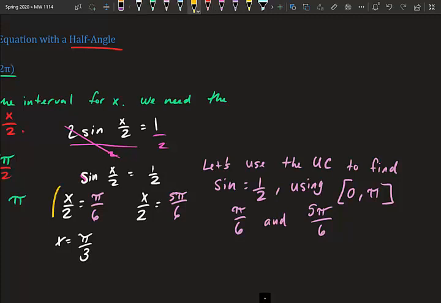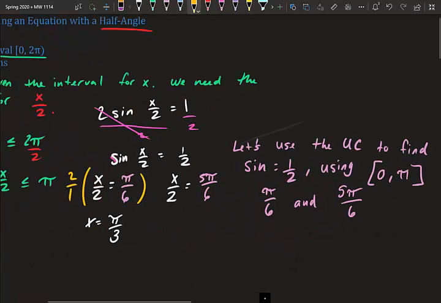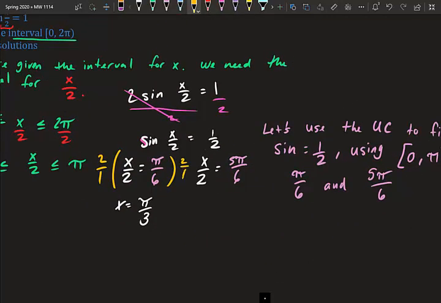So you would multiply everything by 2 over 1. And that's how you get pi over 3. And then same thing to the right side, we multiply by 2 over 1, and we get 5 pi over 3. And those are our exact solutions.